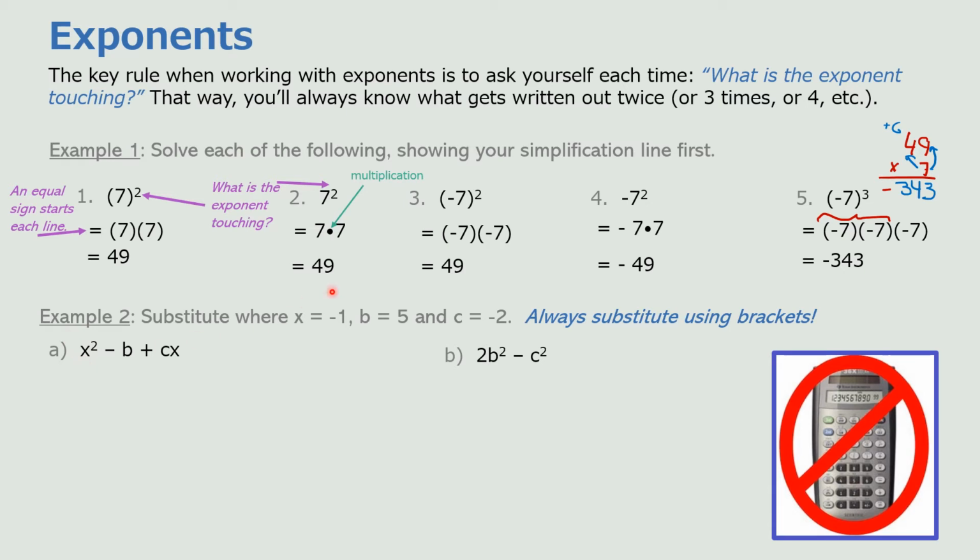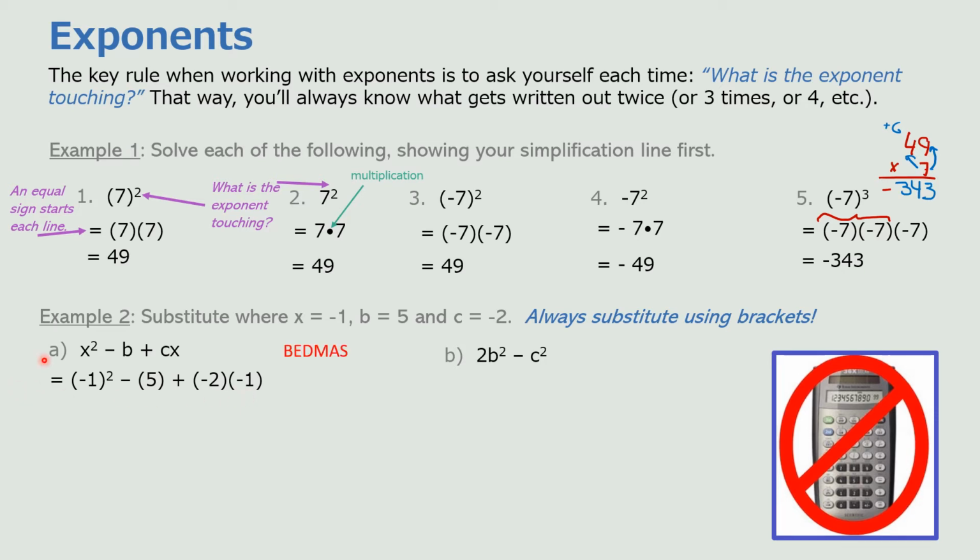There is a difference between using a bracket with my negative and not using a bracket. We got two different answers here. So if I always substitute using brackets, I will get the right answer. So my next line has my -1 in a bracket squared, and then everything else is just substituted with brackets. That helps us keep it straight.